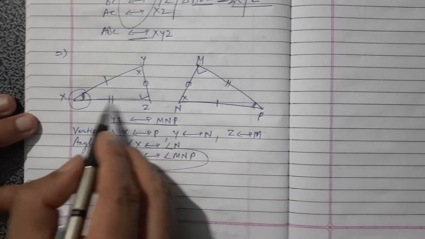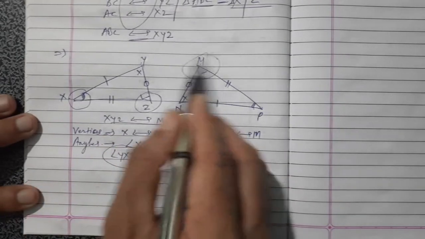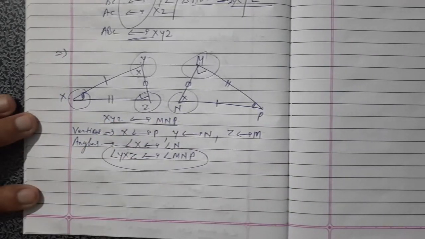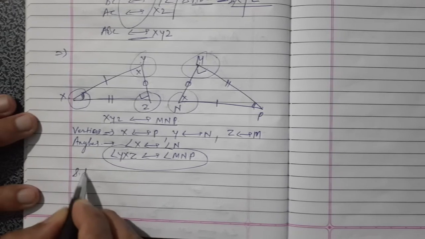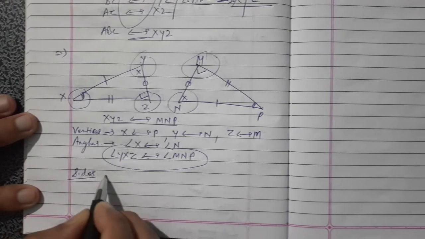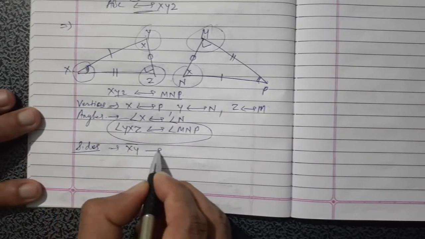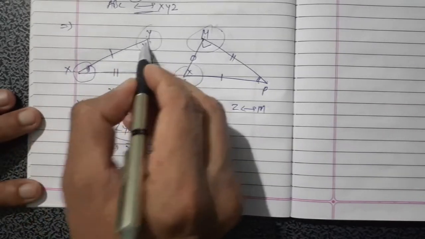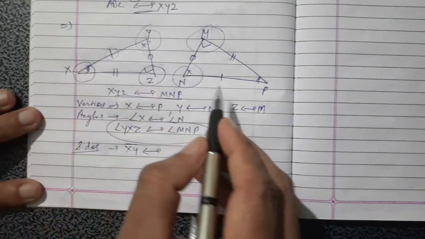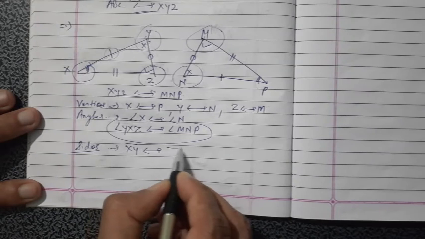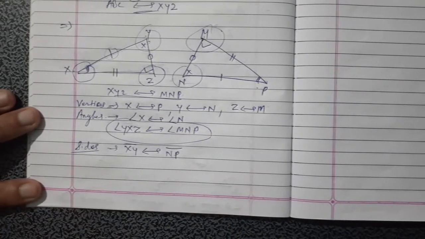Same for Z and M, and Y and N. Now the sides. XY has equal measurement with NP, so write NP.